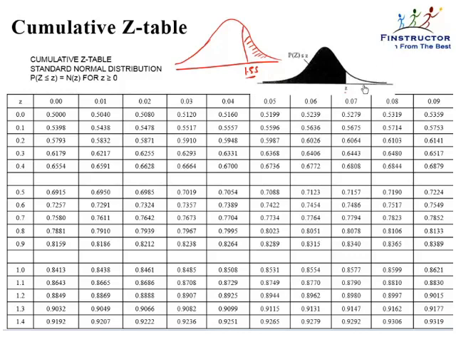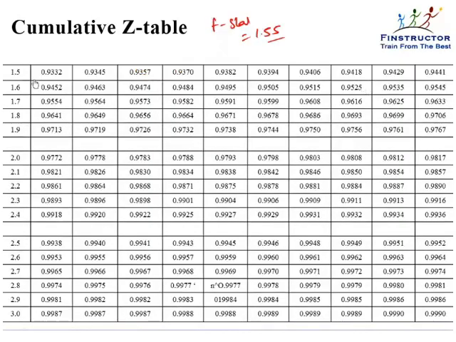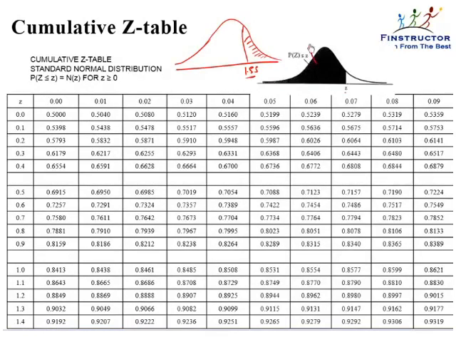So for 1.55, 93.94% of the total values lie to the left of this value, or 6.06% of the values lie to the right. That means from the right hand side, I need to leave 6.06%.